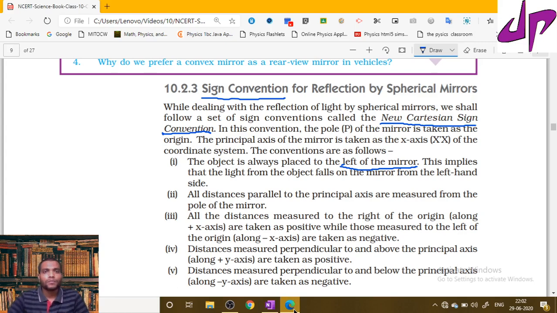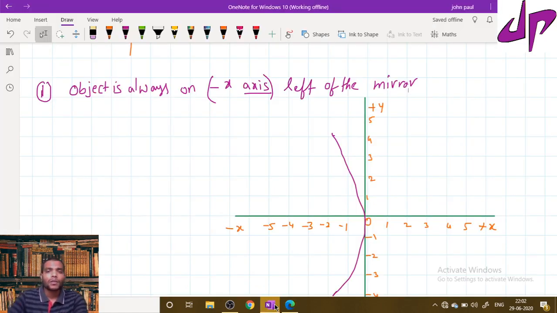The second rule: all distances parallel to the principal axis are measured from the pole of the mirror. This rule is very important. Suppose we keep the object according to the rule here; this is my object, on the left side, the negative x-axis.